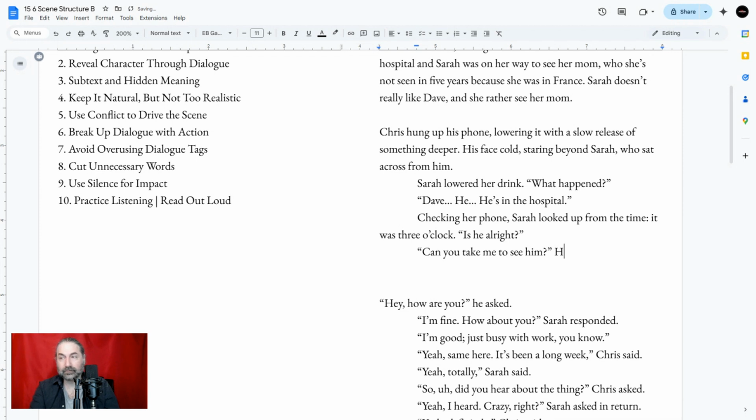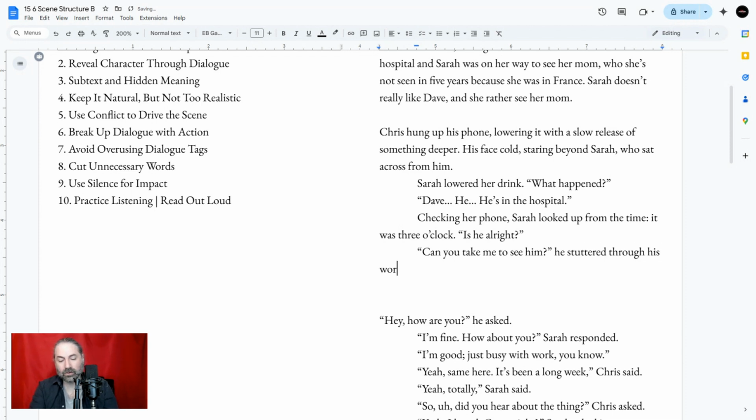All right. Now you could do like stuttered through his words. Oh, folding into no. Leaning forward to the table. His body limp.